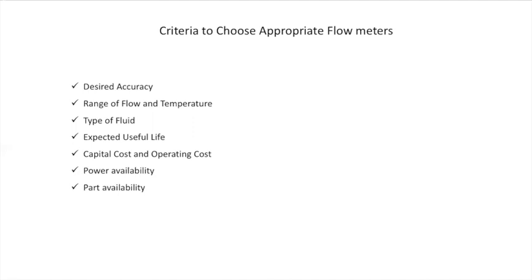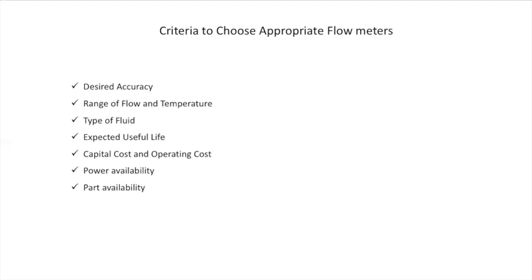So if you have a lot of moving parts, then the kind of fluid being used may damage your moving parts, right? Because it may contain impurities. So in that case, you may need a kind of flow meter that has fewer moving parts. So therefore, type of fluid, then expected useful life of that equipment or flow meter. Again, the cost is very important and needs to be considered.